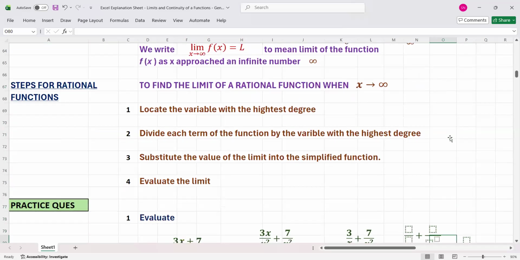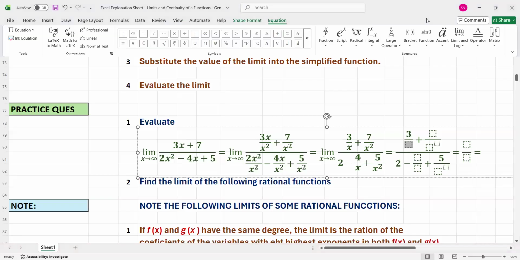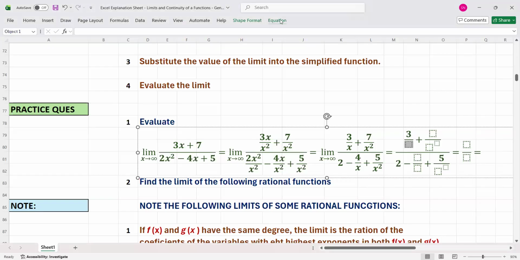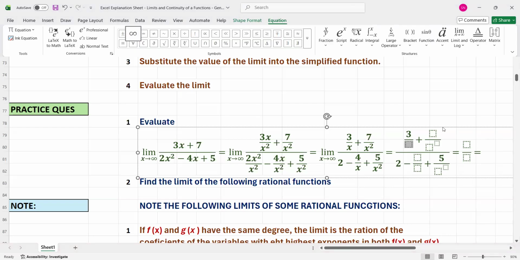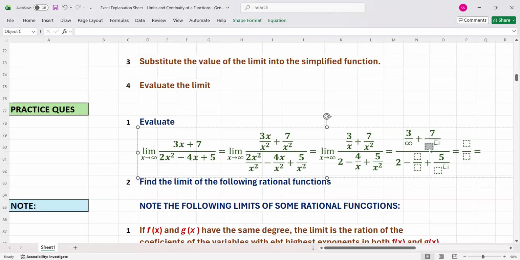So we are going to place infinity at the denominator here. So here, this will be 3 divided by infinity. The only problem with this is I have to pick all these things one by one. 3 divided by infinity. And then here, I will have 7 also divided by infinity squared.